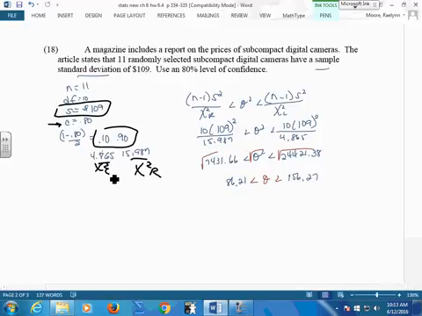Good. The bigger number's on the right. The lower number's on the left. L, lower, least. Plug these in, and now you have to notice you have to square this because they gave you the standard deviation. So notice you're just replacing the S, right? You don't have an S squared, you have an S. Find your confidence interval, take the square root, find your standard deviation. And again, you're making your inference for your population variance and standard deviation based on your sample information.